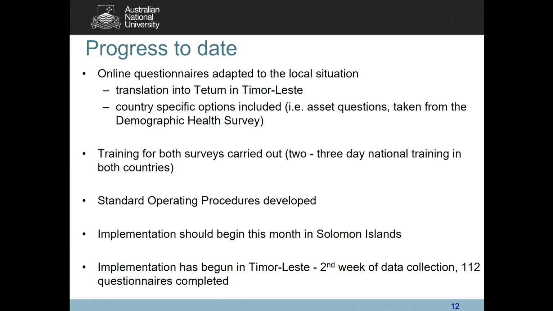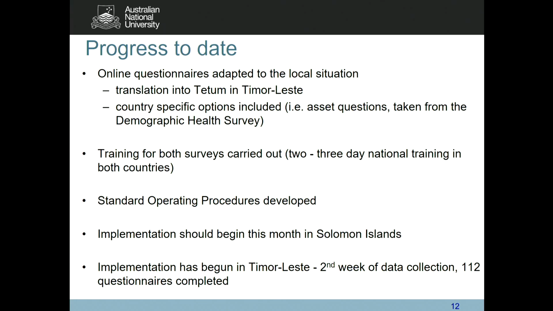So in terms of progress to date, I think I mentioned that we have used the WHO generic protocol and generic questionnaire. And we've taken those and we've done some training with the staff. So we are using web-based data collection as well, as Deborah mentioned, and as Ines mentioned, we're using the ONA platform, which so far has been really good.